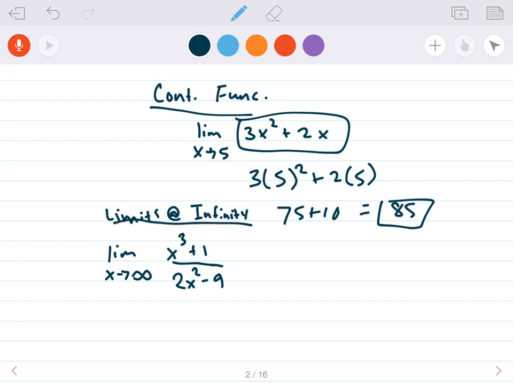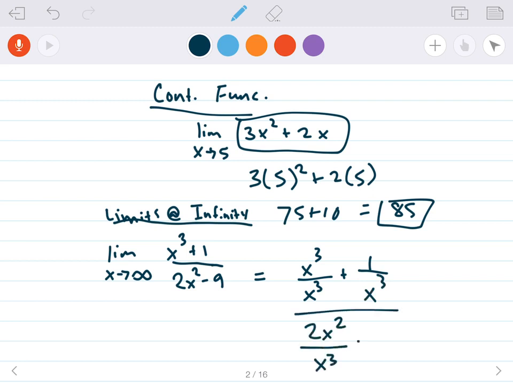Remember the trick was to divide top and bottom by the highest power term. In this case, the highest power term is x to the third. So we divided everybody by x to the third, and then we simplified this out a little bit.